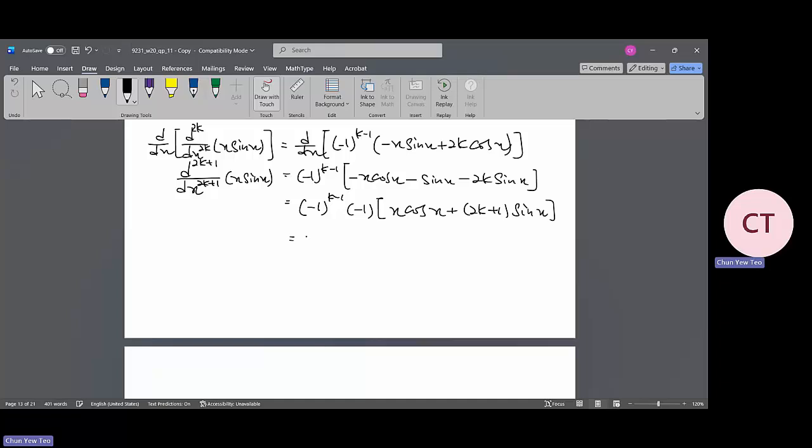So at the end, you can make it become negative 1 power k plus 1 minus 1, x cos x plus the 2 of k plus 1 minus 1 sine x. Okay, so this is what you can do.